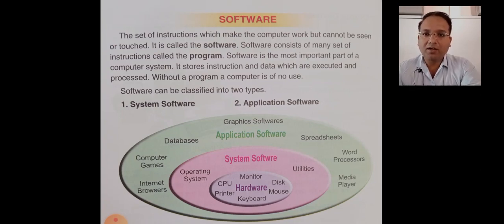System software are like operating system and utility programs. And where is the hardware? Hardware are like monitor, disk, mouse, keyboard, CPU and printer. So these are the examples of application software, system software and hardware.